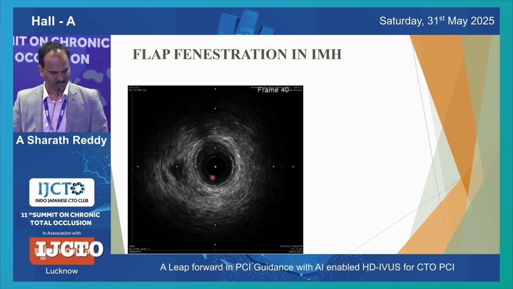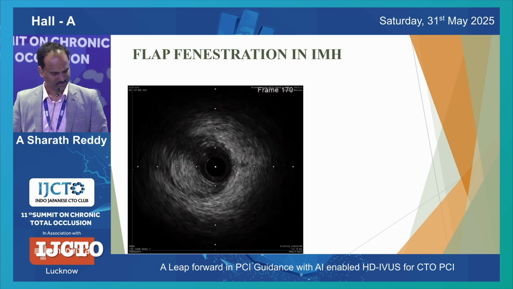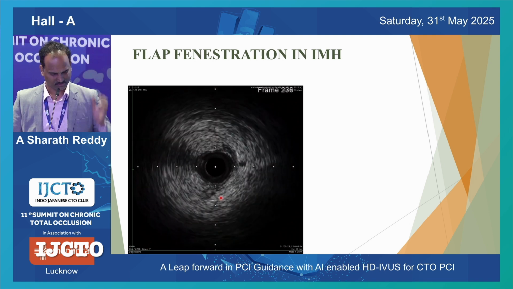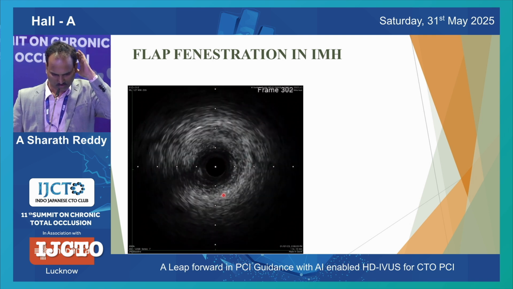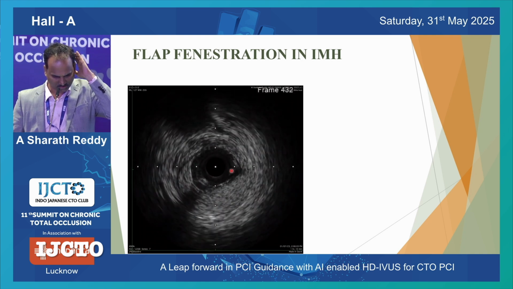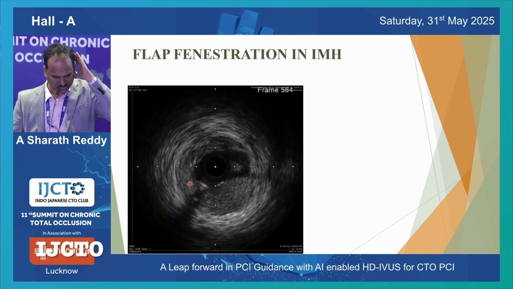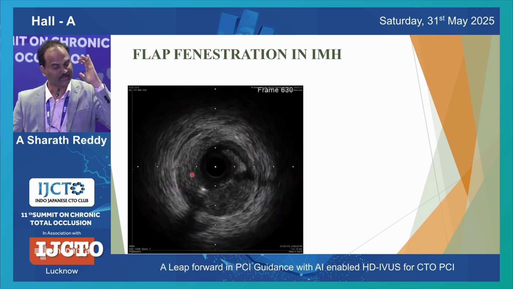And this is a case where I used a cutting balloon, Wolverine, to make fenestrations. I think I'm not able to move the image. You can see this is still almost circumferential dissection. When I come proximally, this is a fenestration. So it's a clear fenestration.